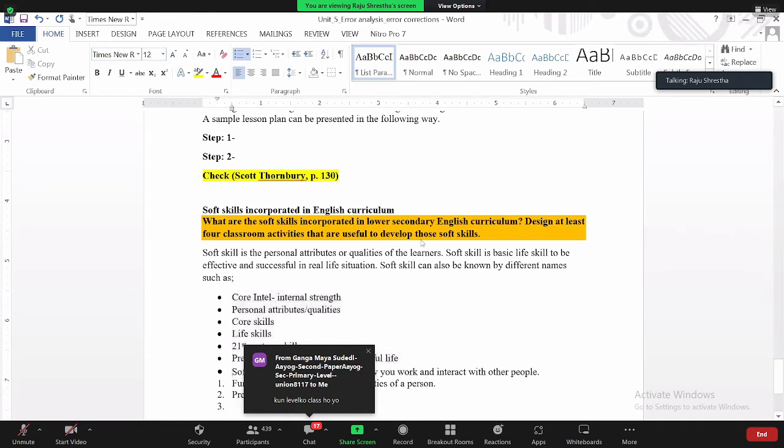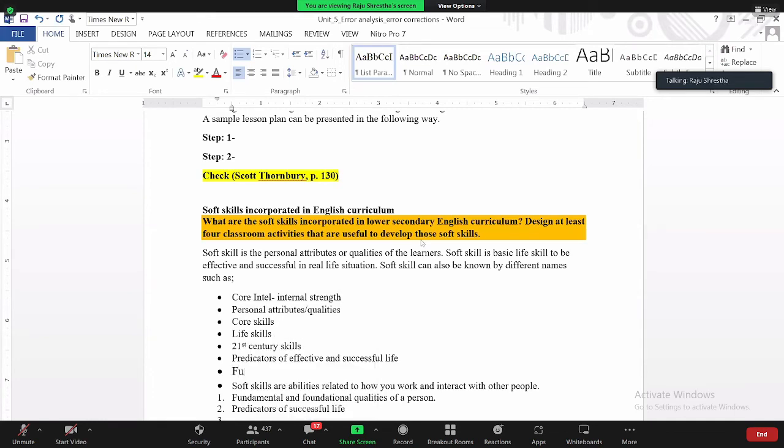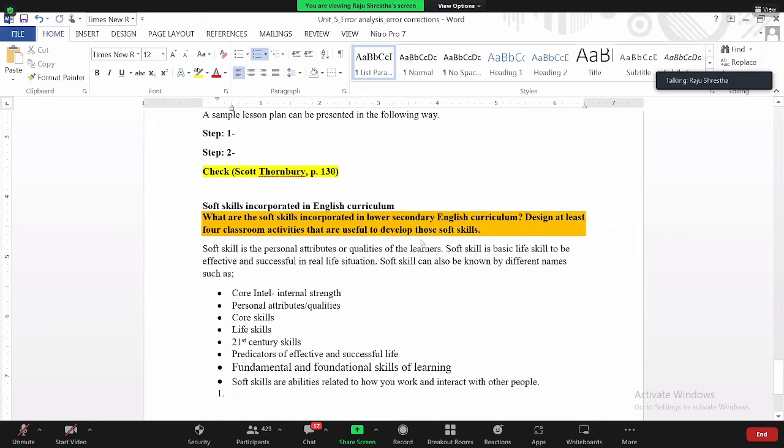So soft skills are also fundamental and foundational skills of learning. If they are not there, then it will be incomplete. This kind of foundational, fundamental skill of learning is called soft skill.